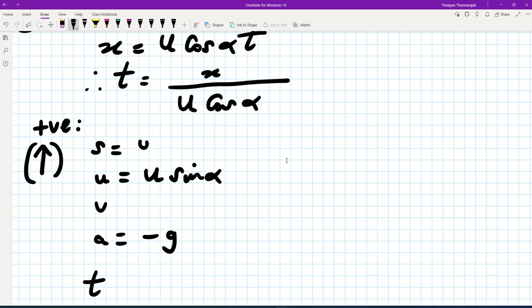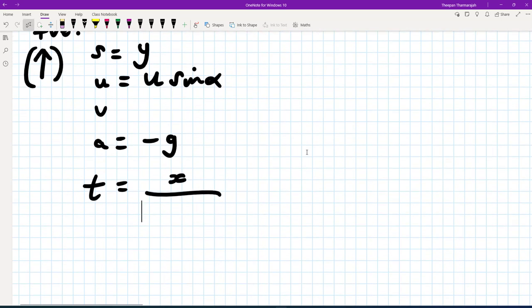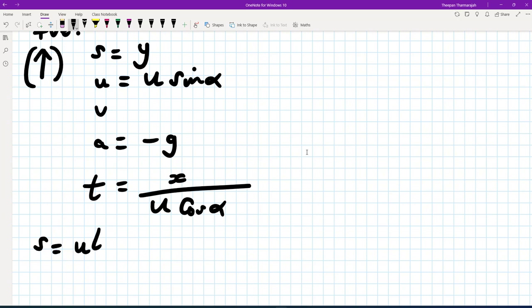Now s we said was y, and we know the time of flight is x divided by u cos alpha. So we're going to write that in. Now, S is ut plus a half at squared.